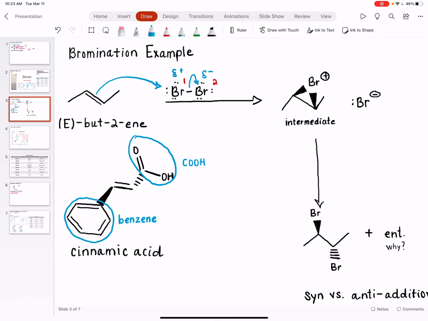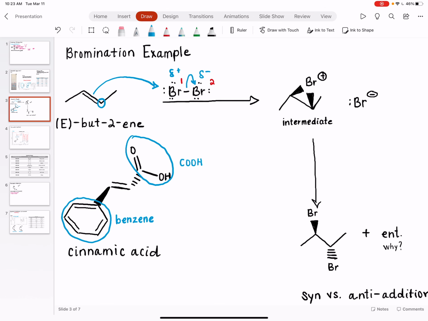And then because of that, we've created a bond here now with bromine. So that's our imaginary bond. And we now have a partial carbocation at this carbon here. So these electrons from bromine 1 are going to go out and grab that. And that's how we get 2 bonds to bromine 1 here in our intermediate.